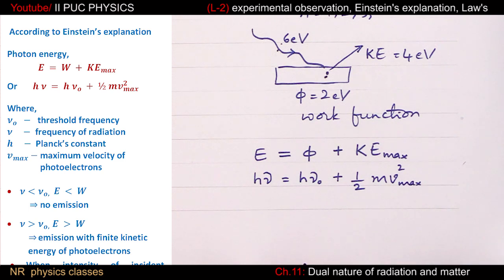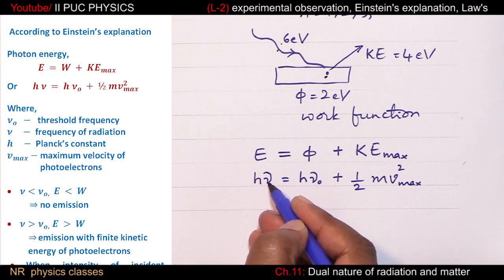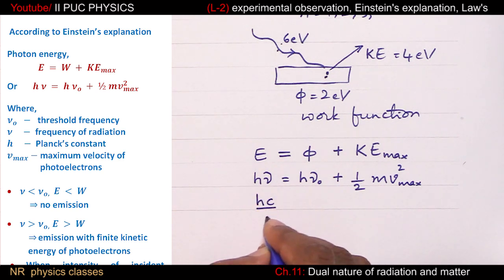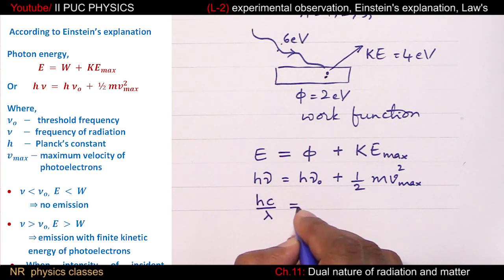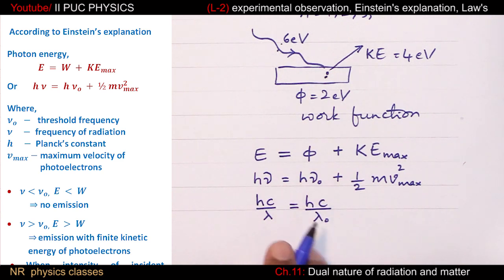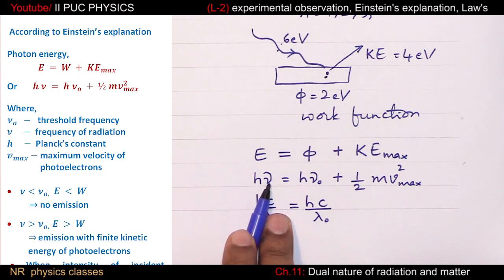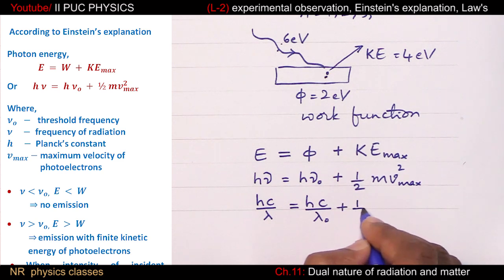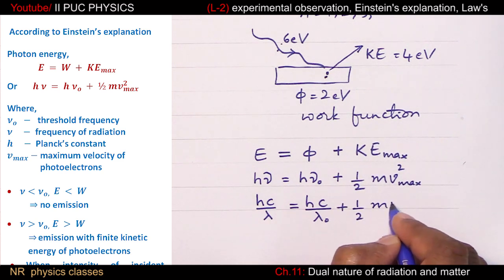This is maximum. Now, frequency in terms of wavelength: h c by lambda equals h c by lambda naught, where lambda naught is the threshold wavelength and lambda is the wavelength of incident radiation, plus half m v square.